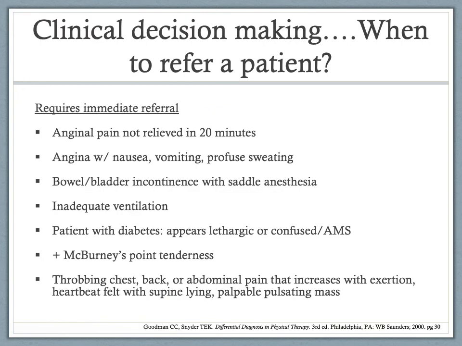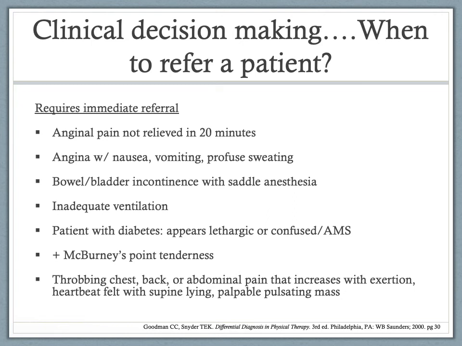And again, this is from Differential Diagnosis in PT, a book that came out a while back. When we think about referring out, it's important to realize that not all of these referrals require immediate leaving.